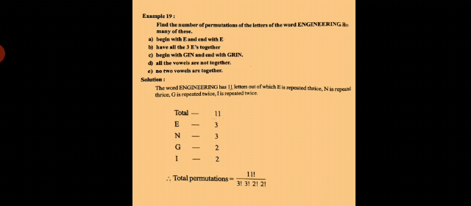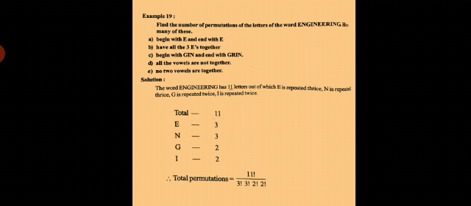D, all the vowels are not together. E, no two vowels are together. So students, with the same word, engineering, we have to solve these 5 sub questions.